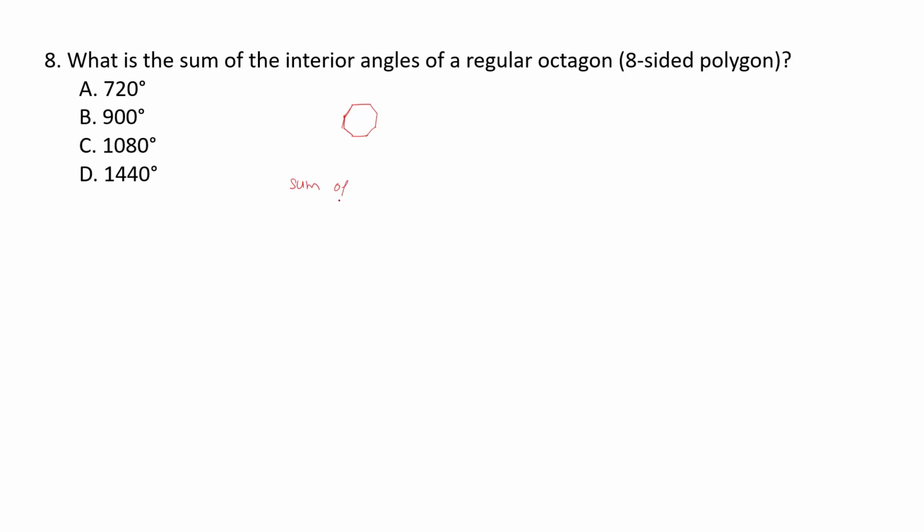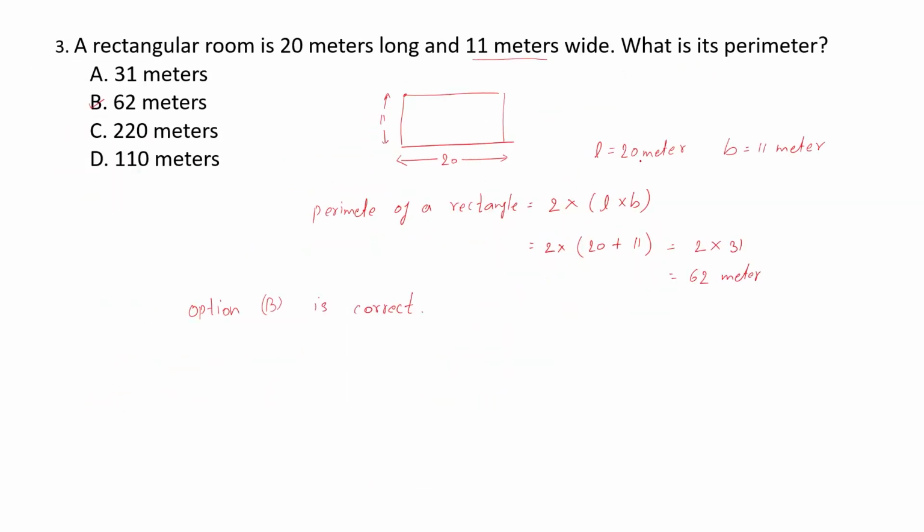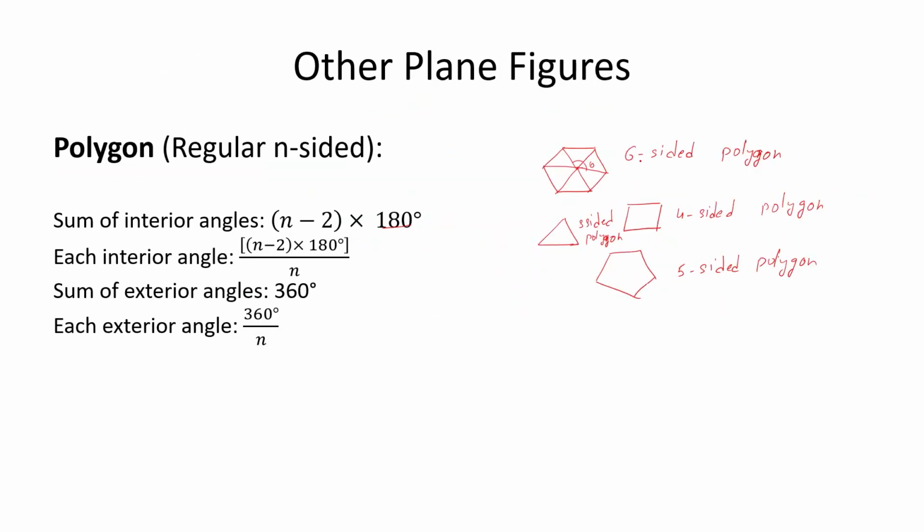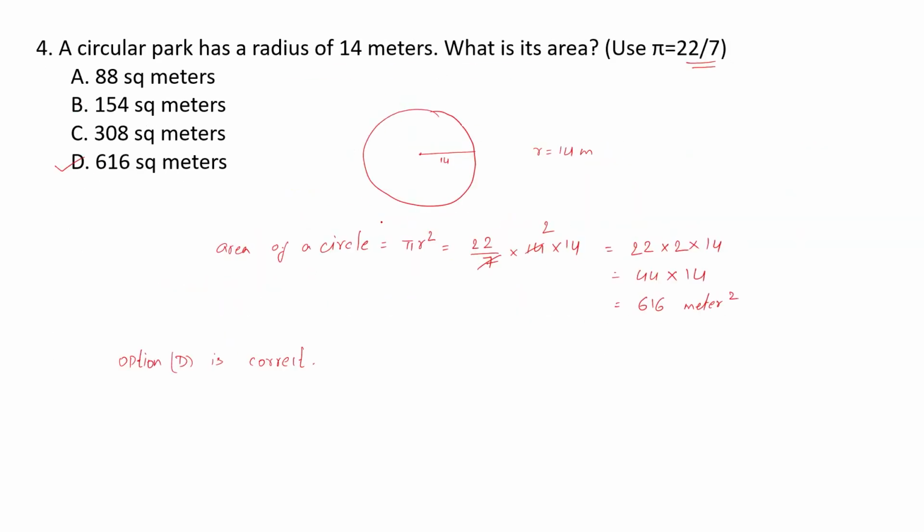Sum of interior angle. So if you remember the formula, it was n minus 2 into 180 degree, something of sort. Let's cross check polygon. So sum of interior angle is n minus 2 into 180, right?